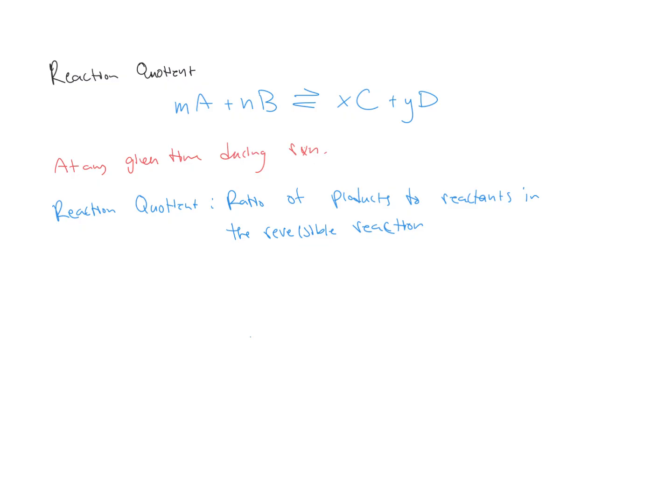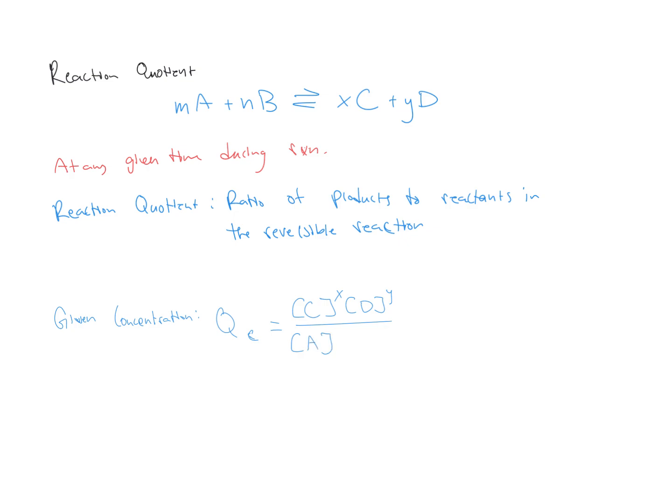The first is when you are given concentration. The symbol is QC, C meaning concentration, and that is equal to basically products over reactants. So you have the concentration of product C to the X power times the concentration of product D to the Y power, and this is divided by the reactants.